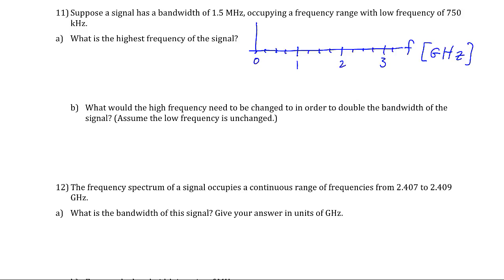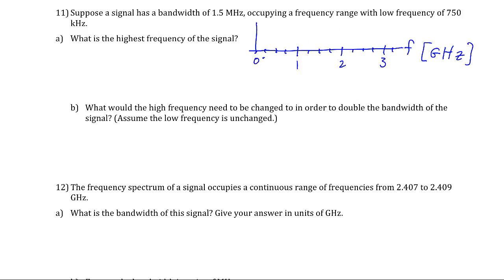Instead of trying to make 0.1, 0.2, 0.3, 0.4, 0.5 from 0 to 1, I'm just going to go 0.25, 0.5, 0.75, and 1. 1.25, 1.5, 1.75, and 2.